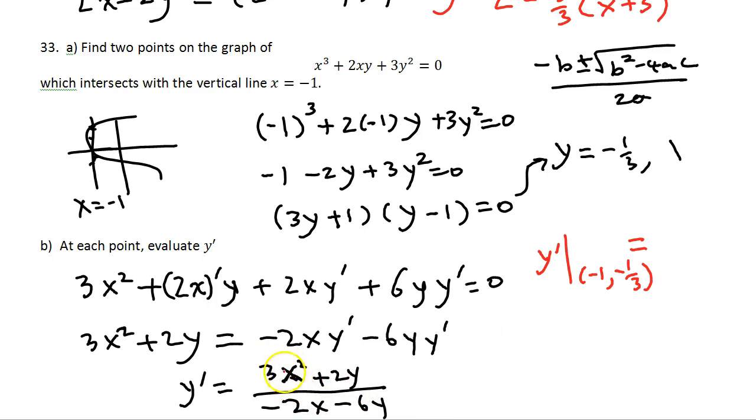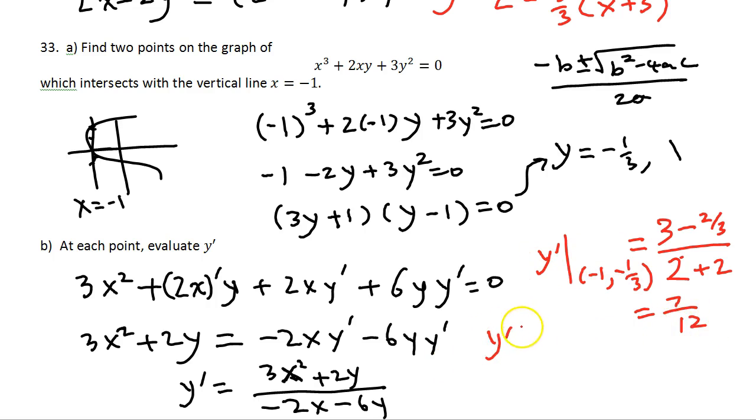If x is -1, that will just be 3. -1/3 will give you -2/3. This is +2. And -1/3 times -6 is again +2. So you get 7/3 divided by 4. So 7/12 is what you get for this point.